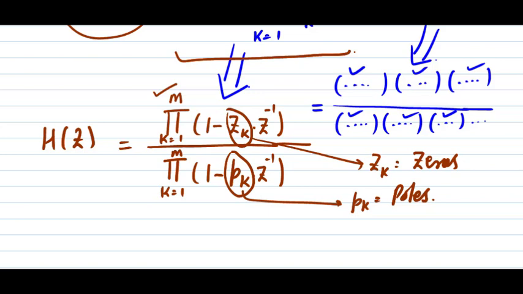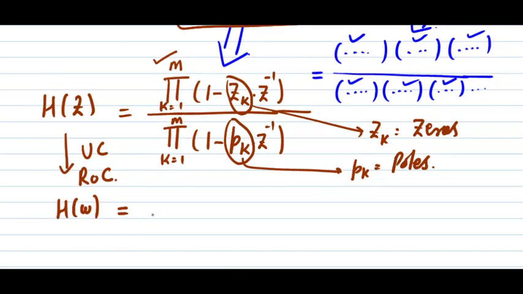Okay, if this Z transform has the unit circle within its ROC, then we can get H(omega) directly from this H(z). What we need to do is simply insert z equal to e raised to the power j omega. So what we will get is the multiplication of 1 minus zk, where zk is a coefficient, we are not going to replace this zk, it is just a number.